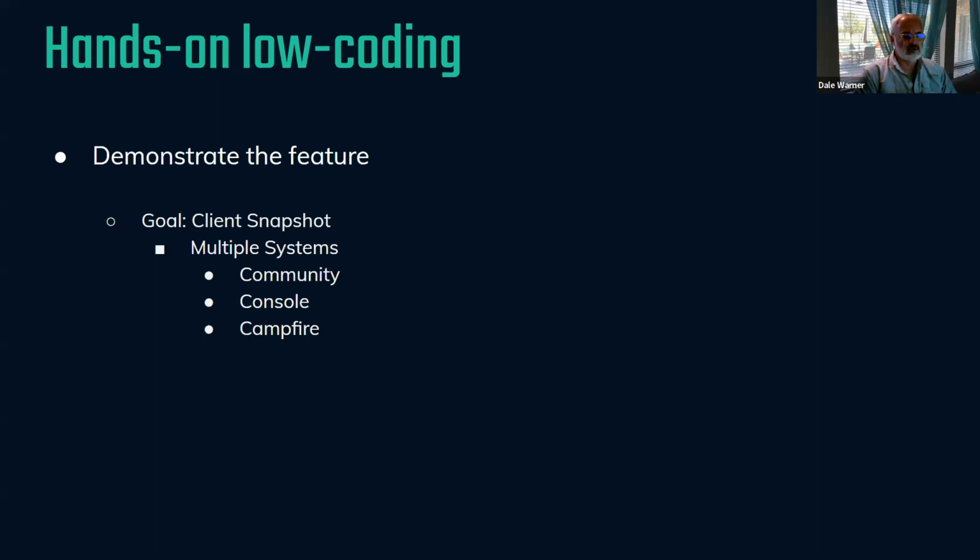There's our console, which is where you manage your apps and your subscriptions and create support tickets. That's really the most important function, right? Creating support tickets. And then the third site we'll talk about is the Low Code Campfire website, which is a shared community site where you can contribute low code that might benefit other people.